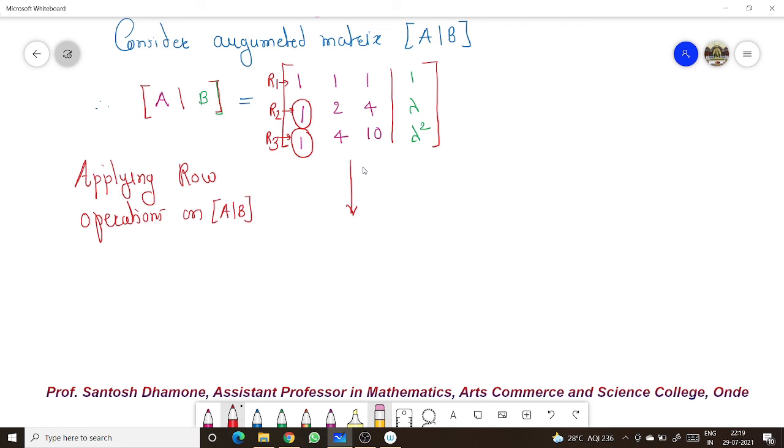Therefore, if mu minus 9 is equal to 0, which implies that mu is equal to 9, then the rank of the augmented matrix AB is equal to 2, and the rank of matrix A is equal to 2 when lambda minus 5 is equal to 0. This implies that lambda is equal to 5.